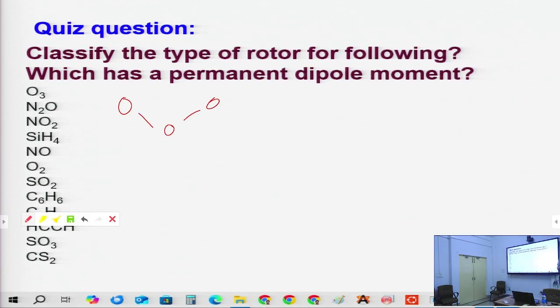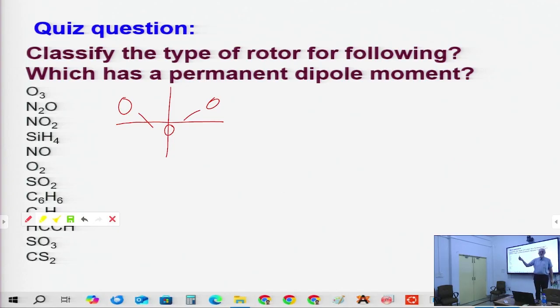Any idea what sort of rotor it is? Nope. If it was an equilateral triangle, it would be a symmetric top, but it's not. It's bent. So if you have a moment of inertia here and a moment of inertia there, they're not equal to each other.